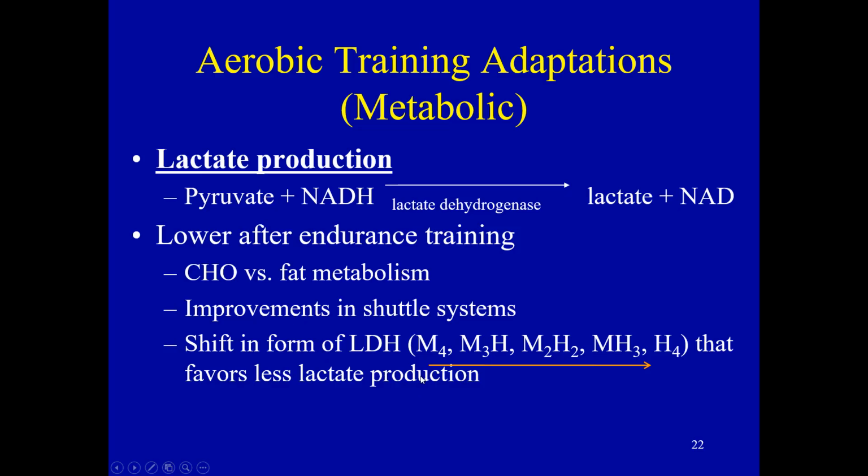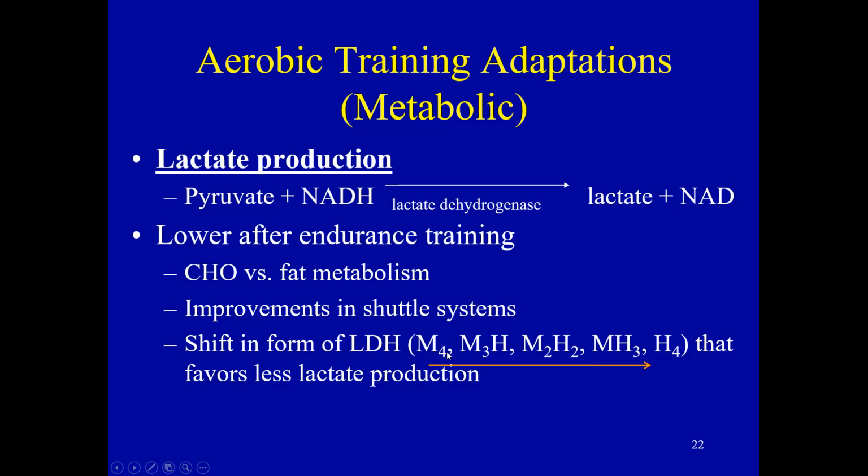And then one final thing, there are different forms of the enzyme lactate dehydrogenase, and these are the forms. You really don't need to know these other than the extremes. M4 is at one extreme, H4 is at the other extreme. These are just different isoforms of the lactate dehydrogenase enzyme.